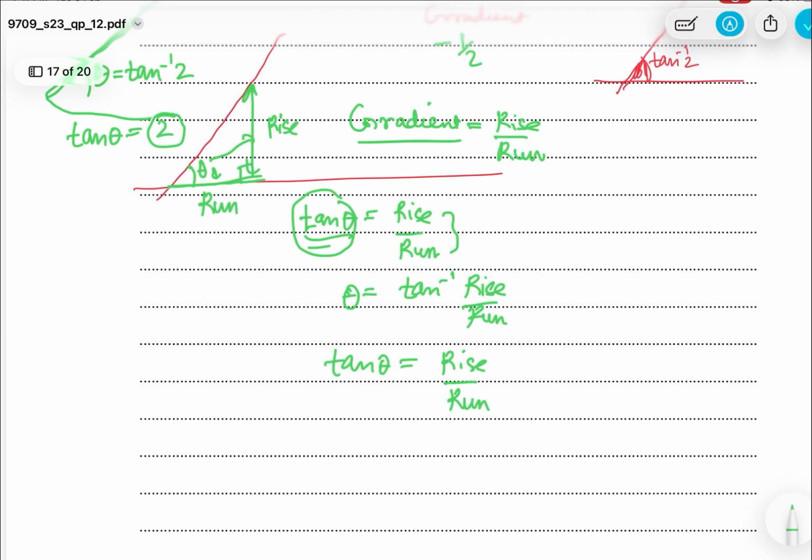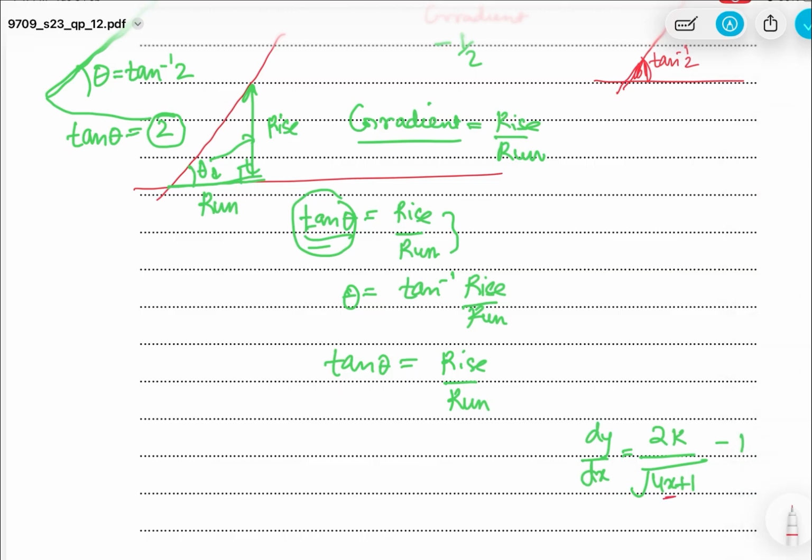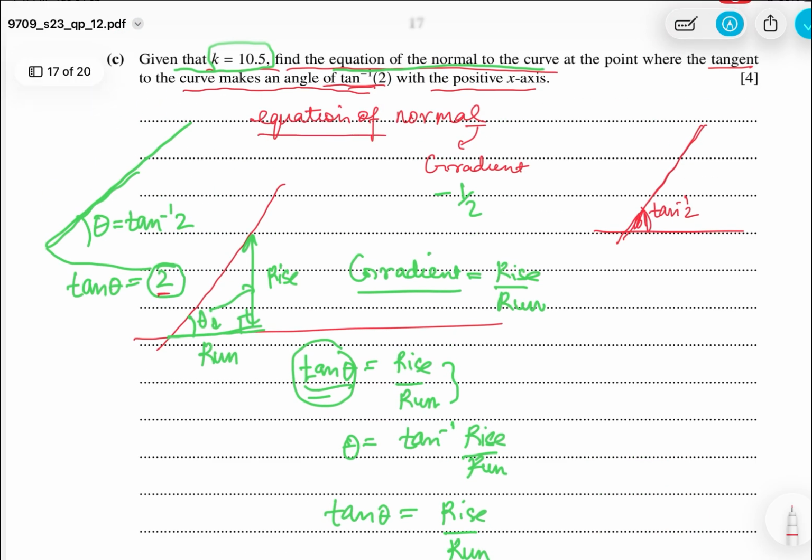So I will write it like this: dy over dx equals 2k upon square root of 4x plus 1, minus 1. Why am I doing so? I want to find the x coordinate where the gradient is 2. Then only I can find the equation of normal.